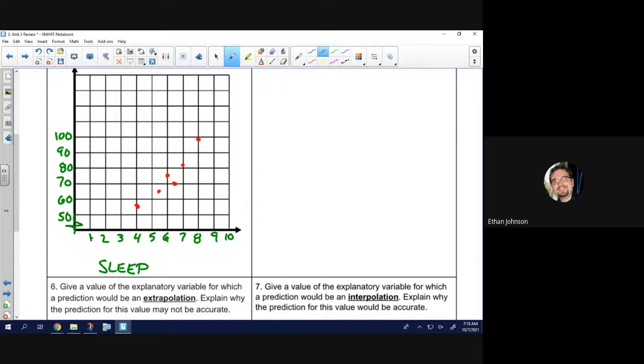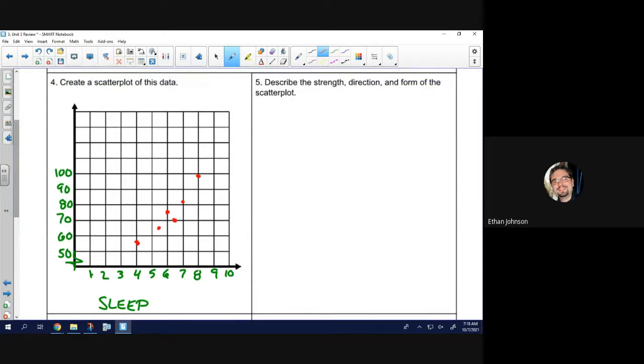Question 5. Describe the strength, direction, and form of the scatter plot. So remember, this is the part where you type the numbers into your graphing calculator. Remember, you're going to do second 0, go down to diagnostic on, and hit enter.